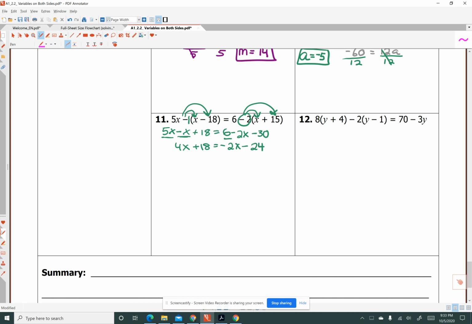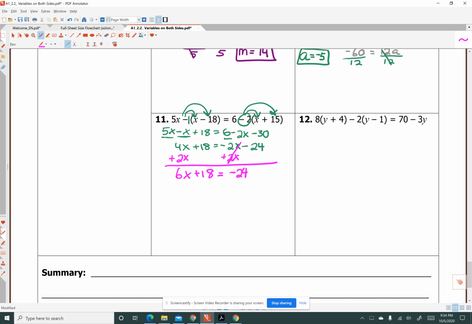Let's move all the variables to one side. I'm going to add 2x to both sides to keep the x positive. So now this cancels, and I have 6x plus 18 on the left equals -24 on the right.